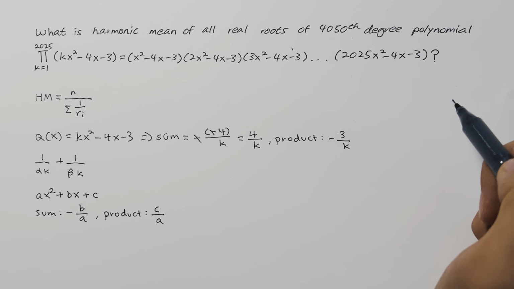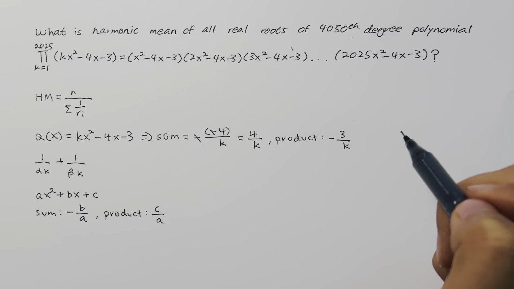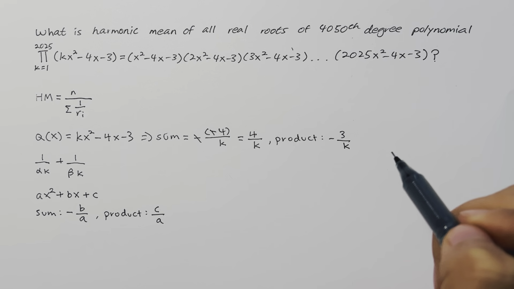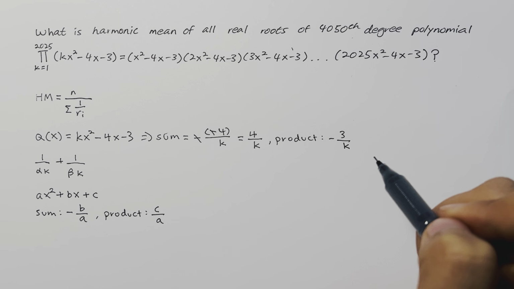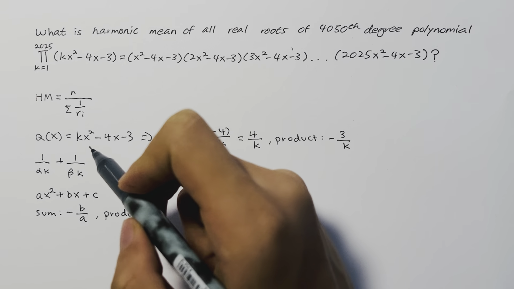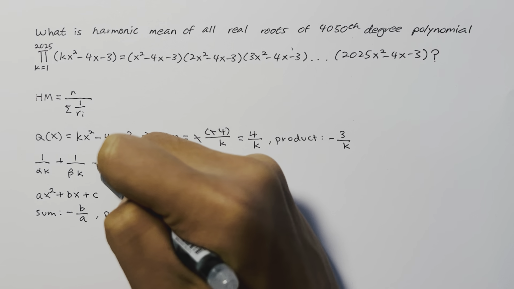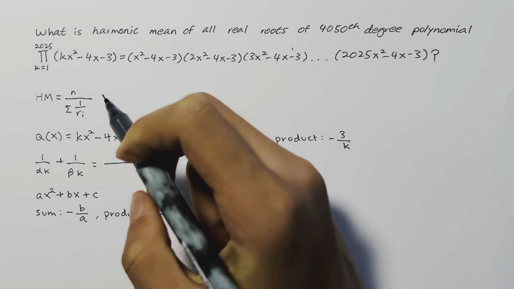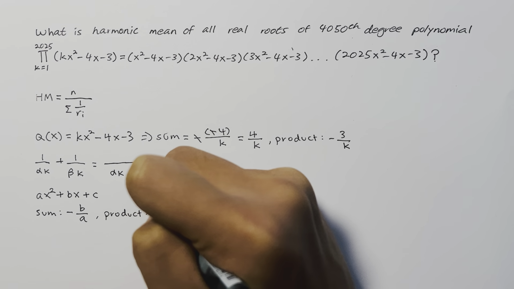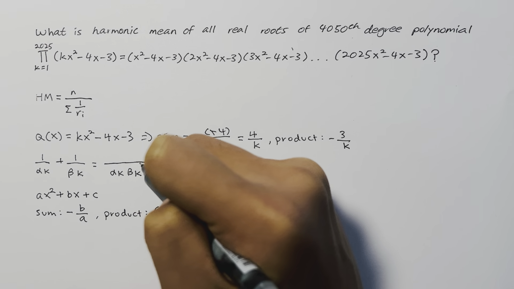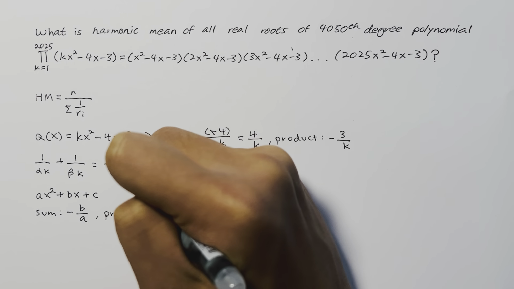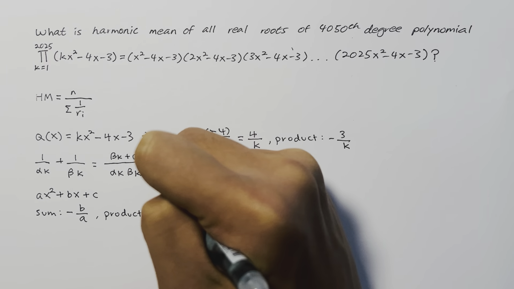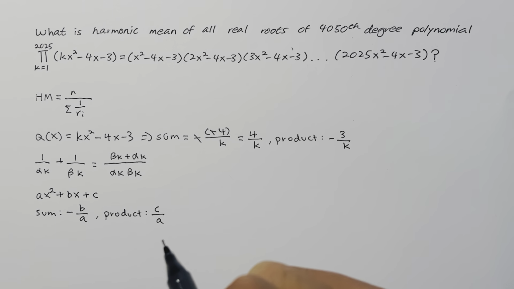And now we can analyze the expression for the sum of the reciprocals for the single factor, 1 over alpha k plus 1 over beta k. To combine these, we can find a common denominator. The common denominator is alpha k times beta k, and the numerator is beta k plus alpha k. This is simply the sum of the roots divided by the product of the roots.